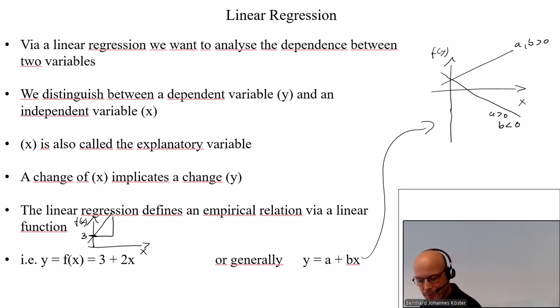And we could move this, of course, also in the negative part for a. So this would be a smaller than 0, b larger than 0. And here we have a and b are smaller than 0.